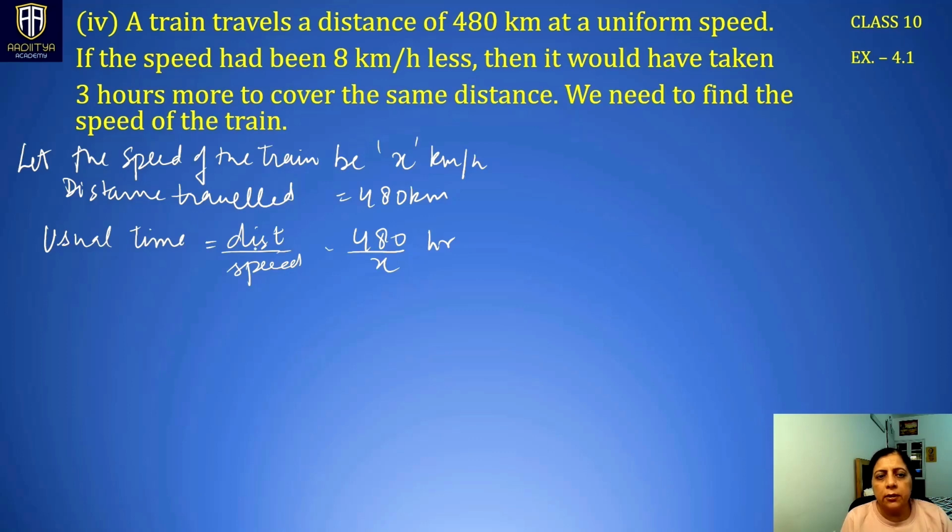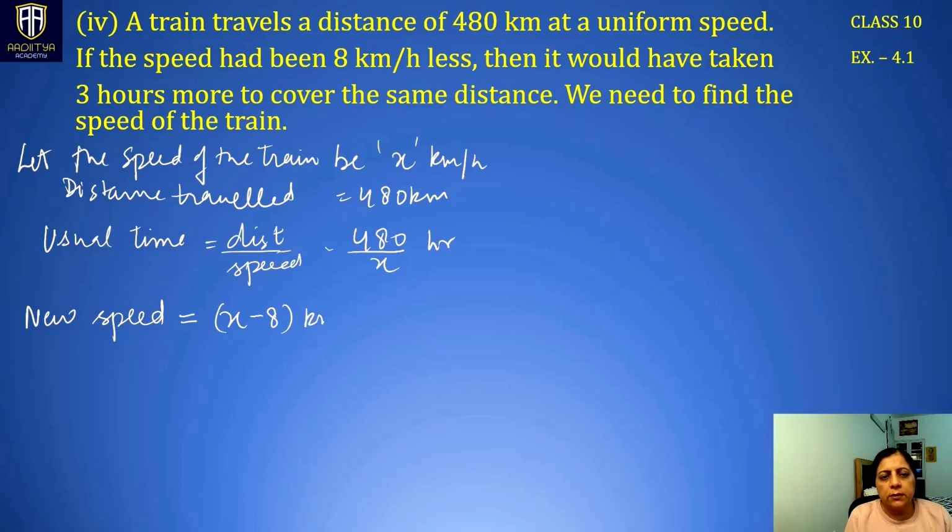Now in the conditional case, he says if the speed had been 8 km per hour less, right? Obviously when the speed is less, the train will take more time to cover the same distance. So I write new speed. We are making a change in the existing speed. So the new speed is 8 km per hour less.